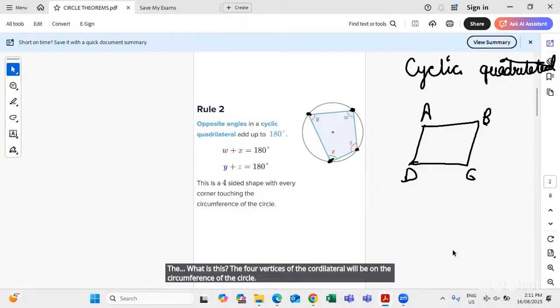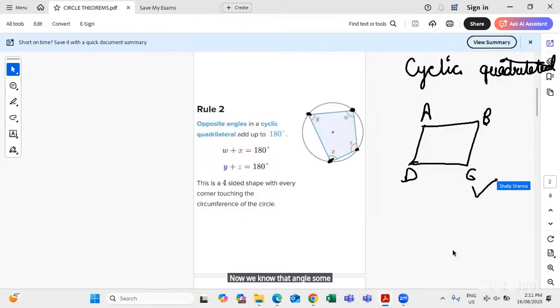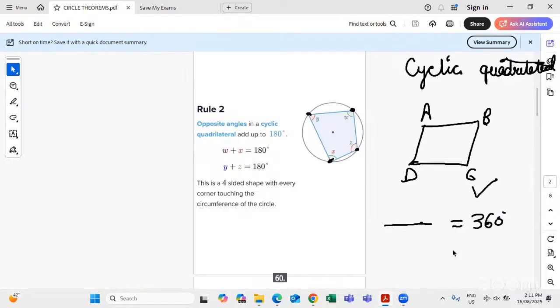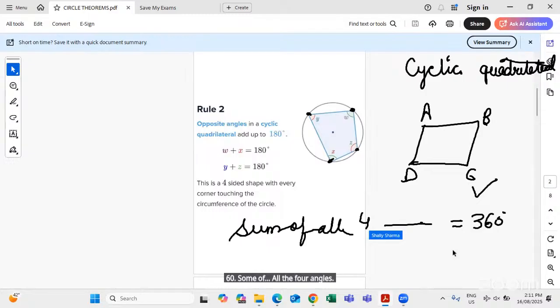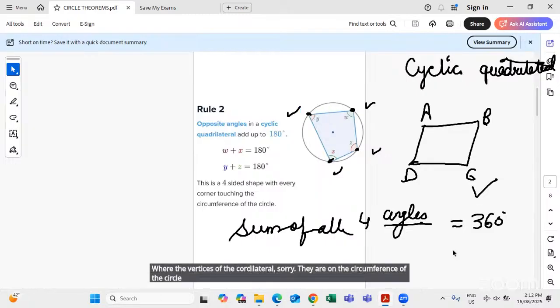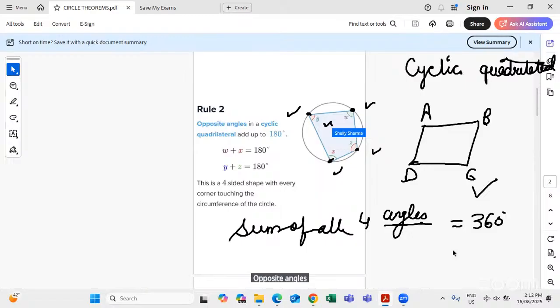Now we know that the angle sum property of a quadrilateral says that the sum of all four angles will be 360 degrees. We know that. But in a cyclic quadrilateral, where the vertices are on the circumference of the circle, there are opposite angles, like y and z, and x and w.